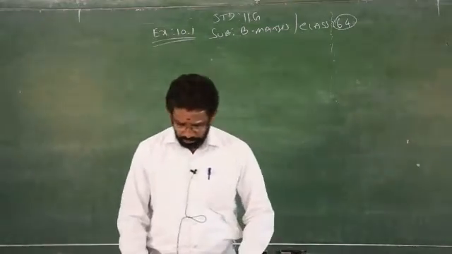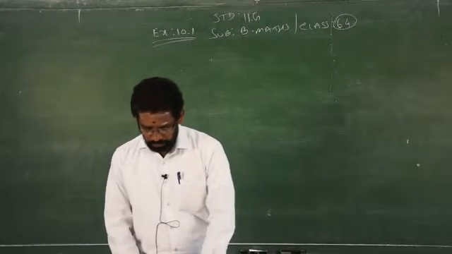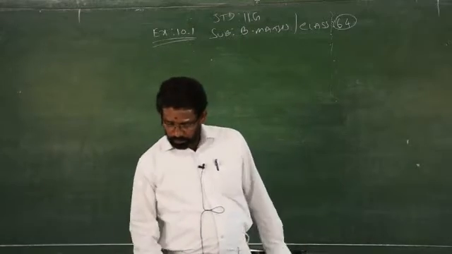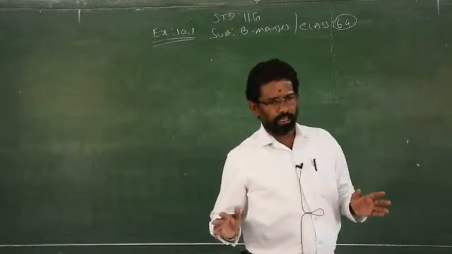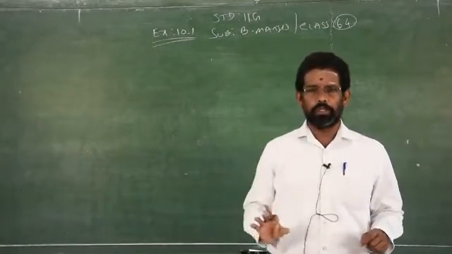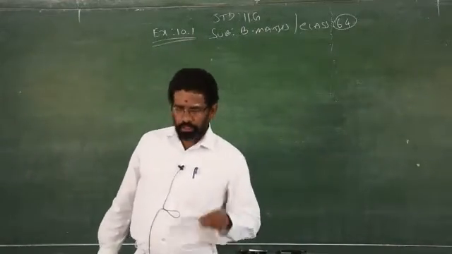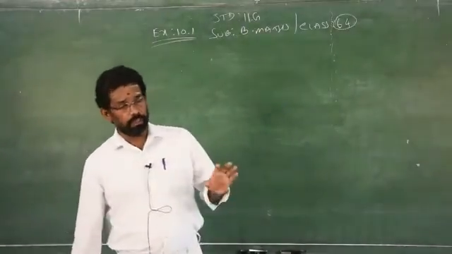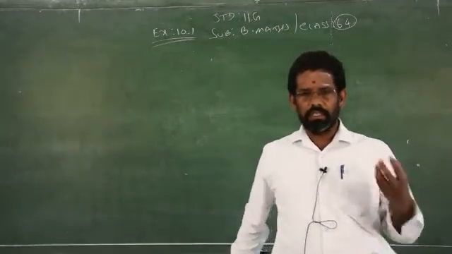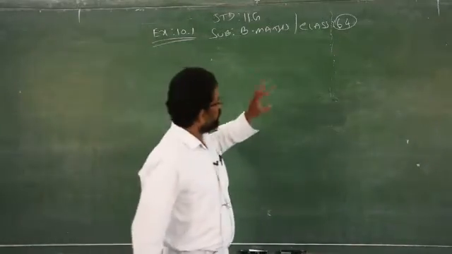Some definitions are there. You must memorize the definitions of what is a feasible solution and what is an optimum solution. In the graph you have plenty of points. Particular points will satisfy the given equation. Those points are called feasible solutions. When a feasible solution maximizes the profit or minimizes the loss, it is called an optimal solution. So you have to find the feasible solution from the graph.